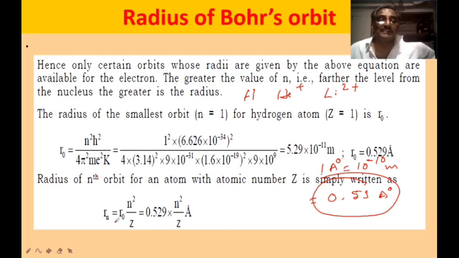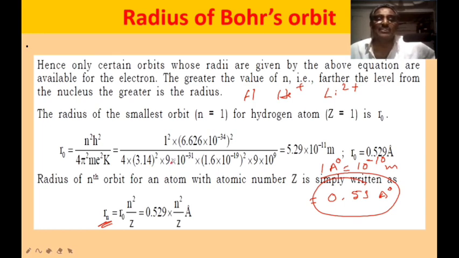For the other orbits, for the nth orbit, that is Rn, the radius can be calculated by using the relation R0 into n square by Z. Here, n value is taken as 1 for first orbit and Z value is taken as 1 for hydrogen in this equation.